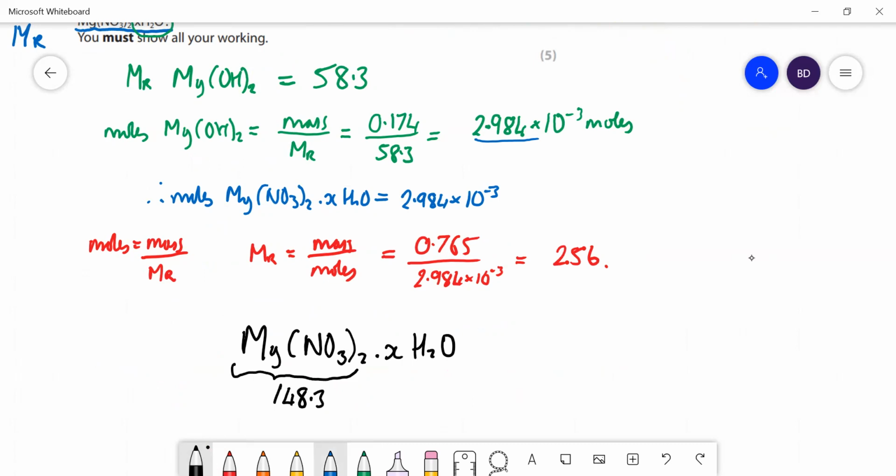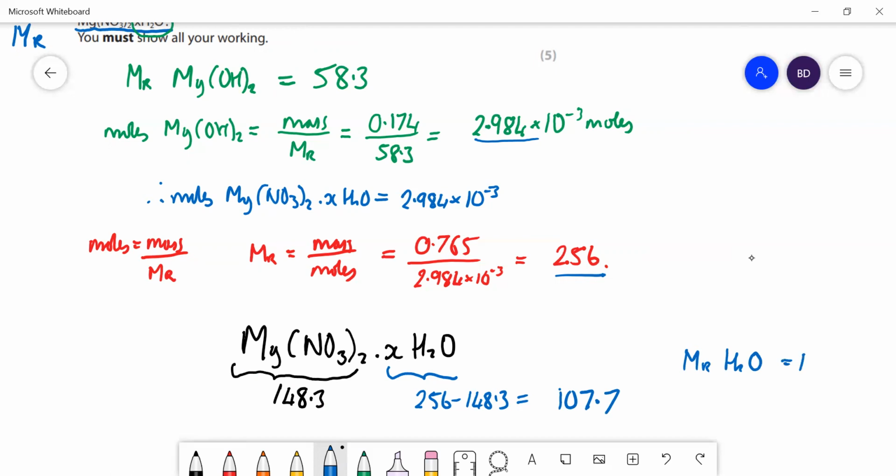So that means the water has got to be this minus 148.3, which is equal to, sorry, it's not equal to that, it's equal to 107.7. Now, what's the MR of one water molecule? It's 18. So how many times does 18 go into that? 107.7 divided by 18 gives us 6. X is equal to 6.